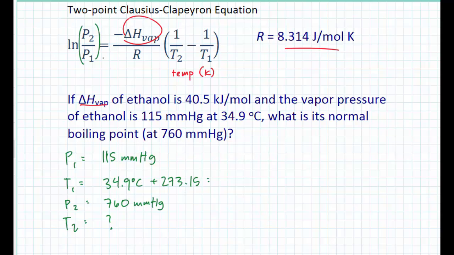When you substitute R in, don't just write 8.314. Write 8.314 joules per mole Kelvin. Write those in to make sure that they are actually canceling. That's going to be important. Nothing will mess you up faster in a calculation like this than if your units don't cancel.